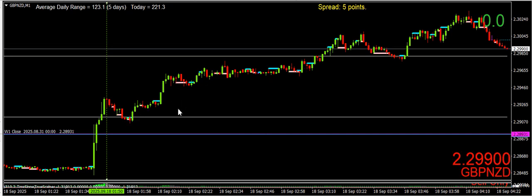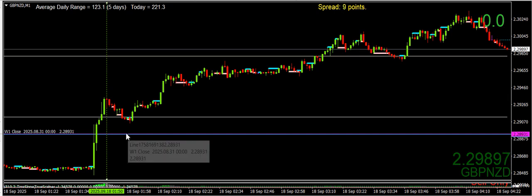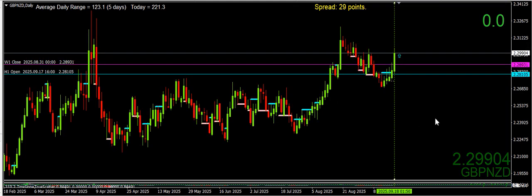I don't like trading GBPNZD for that reason, and I haven't even got my open and close level on this particular template, but I just thought I'd talk through that interesting looking D1 chart that I picked up on my recent candles.